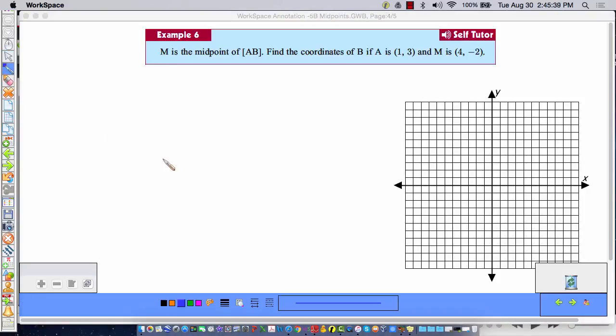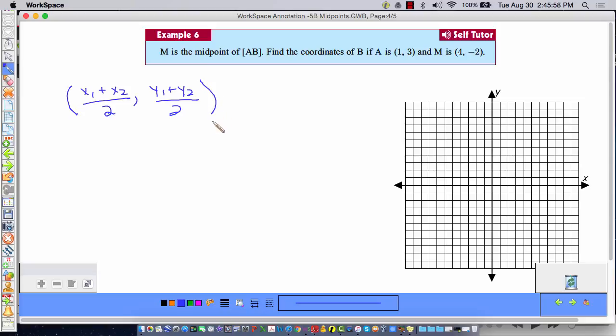So I know that the midpoint of any 2 points is (x1 plus x2) over 2, and then (y1 plus y2) divided by 2. But I know that the midpoint is (4, -2). And I know that one of my x's, x1 I guess, is 1, and then my y1 is 3.